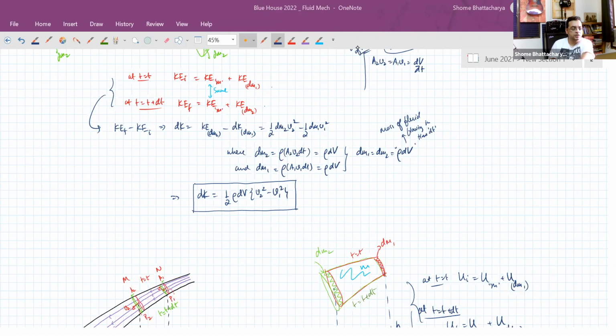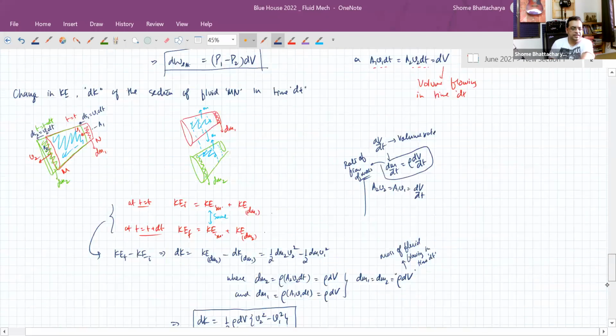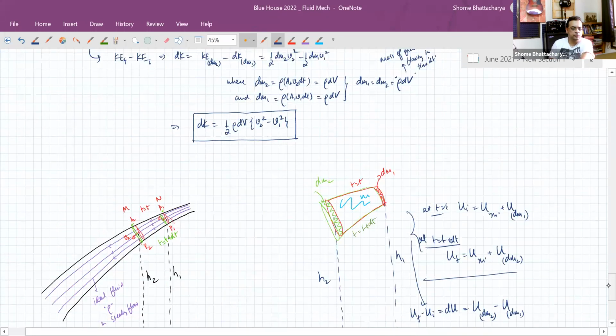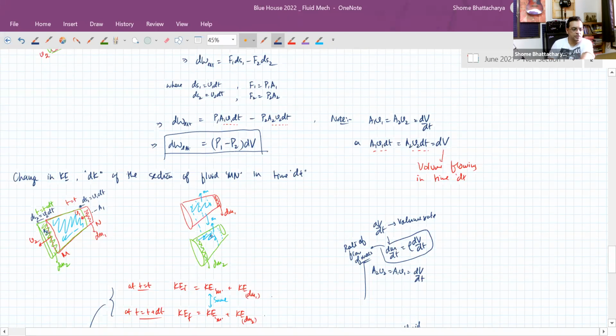Oh, no, see, what I've written is correct only because at time t plus dt, the section of fluid consists of the common mass m plus dm2. So this is the final one, and the above one is the initial one. So it is final minus initial. To this middle section, you've added the mass dm2 in the final diagram, whereas in the first diagram, you had added the mass dm1.